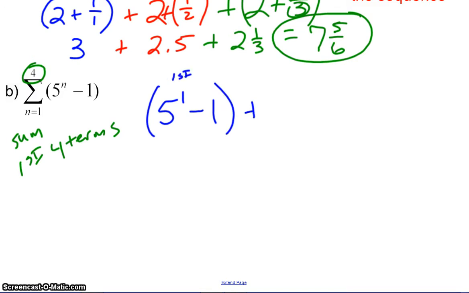And then we could add that to find our second term. So it would be 5 to the second power plus 1. And then we'd have to continue to find the third term and the fourth term. So could you please pause the video and find the sum of the first 4 terms in this sequence.